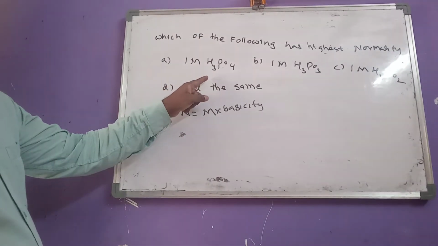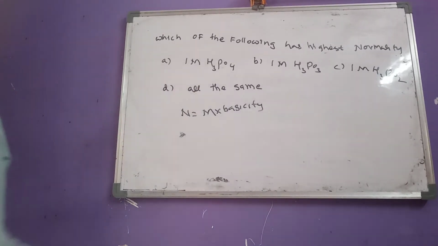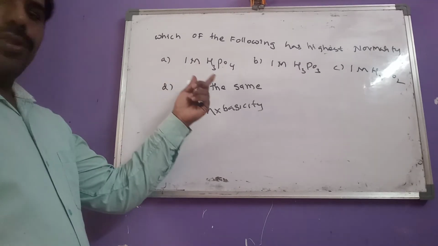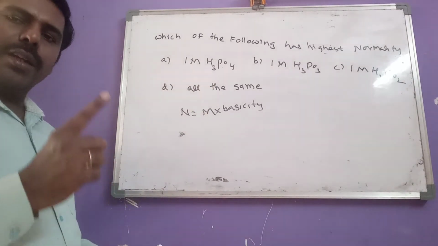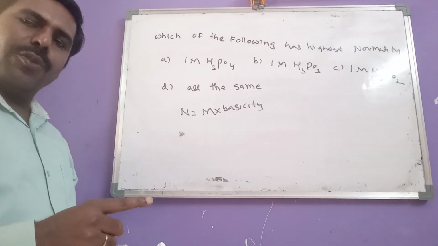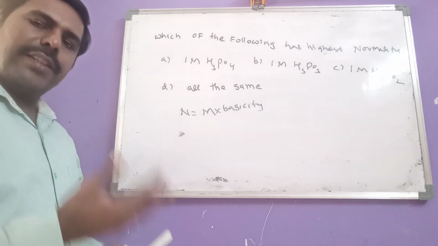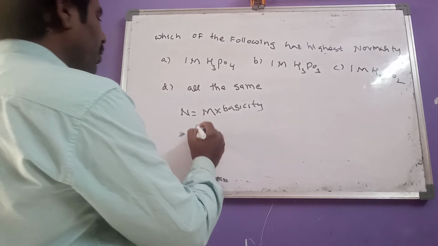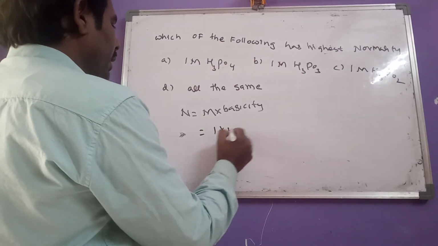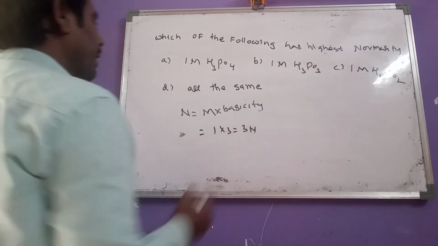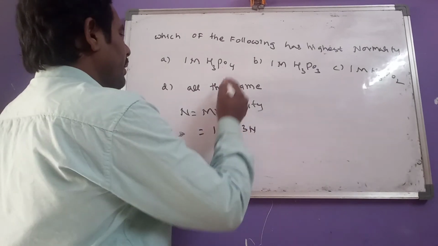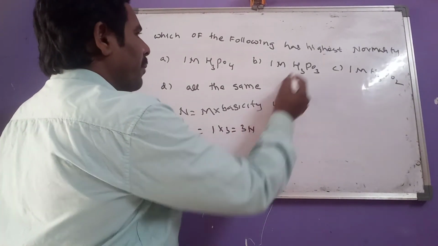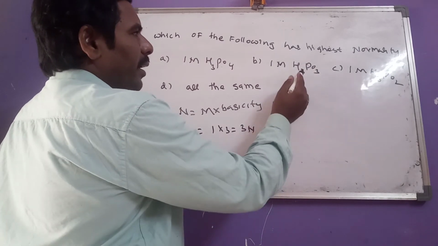Its basicity is 3, because one molecule of H3PO4 produces 3 H plus ions. Now 1 into 3 means 3 N. Come to H3PO3.